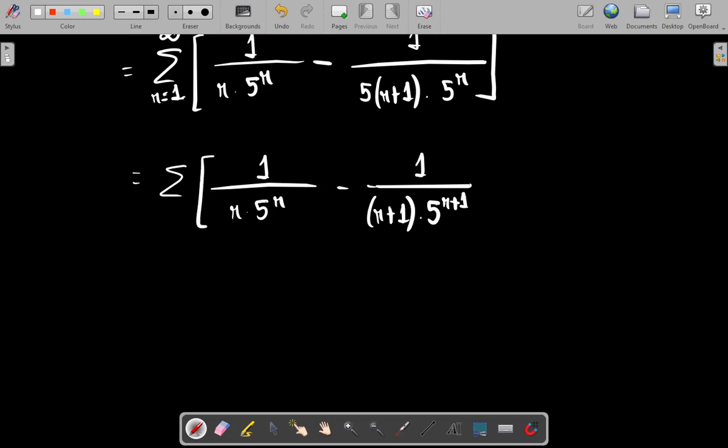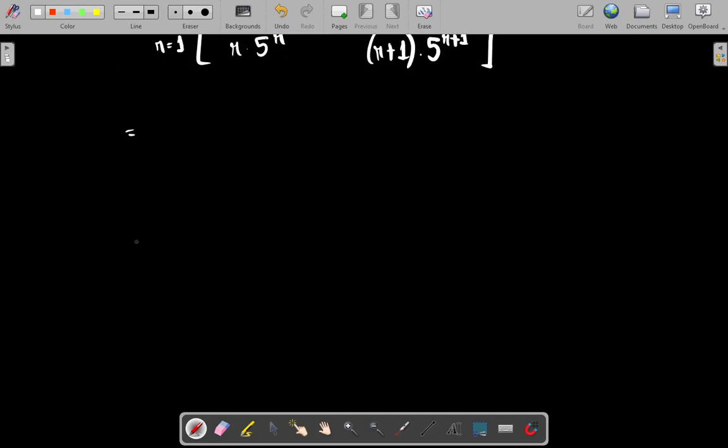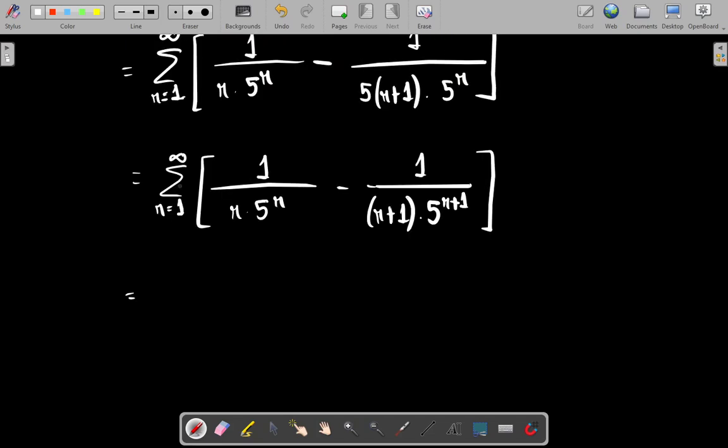Okay, so now we see that this is a difference of two terms in the sum, so we can try to apply the method of difference here. On putting the value of r equal to 1, the first term is 1 times 5 to the power 1, so this is 1 upon 5, minus 1 plus 1 is 2 times 5 squared. This is for r equal to 1.